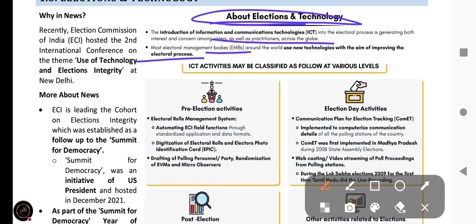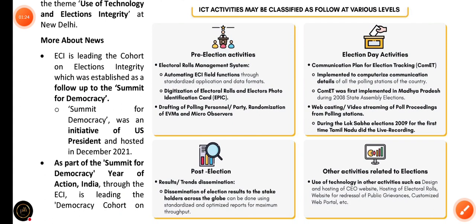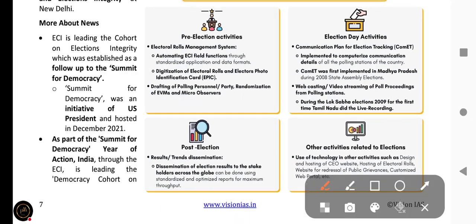You can remember how these information communication technologies activities may be classified. There are four levels: pre-election activities, post-election activities, during election activities, and other activities related to elections.